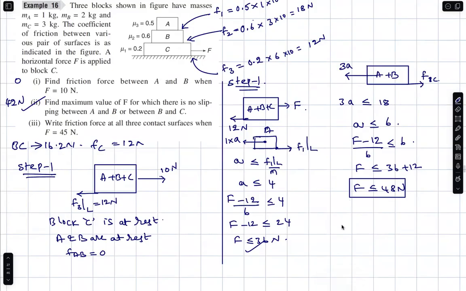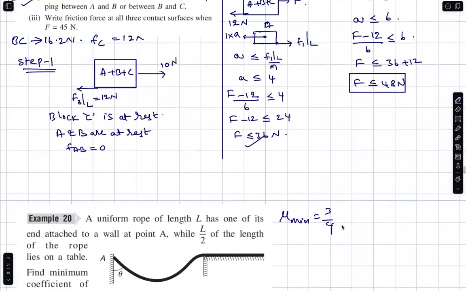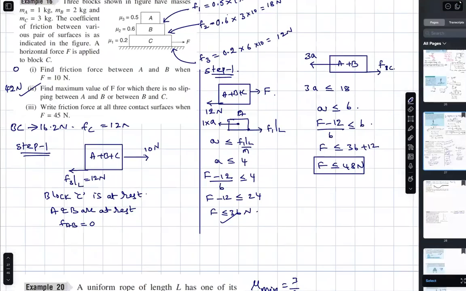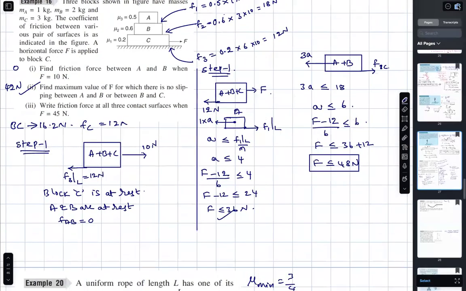So, I need to do a different procedure now. I require some space. Any doubt? Any calculation mistake from my side? F limiting by mass, this is 4 by 1.